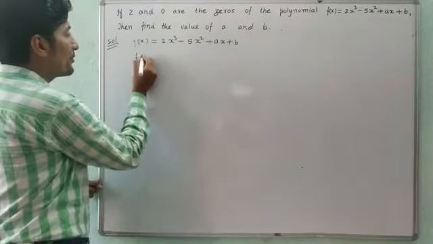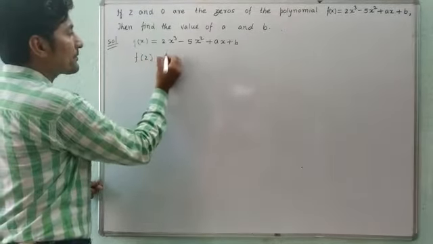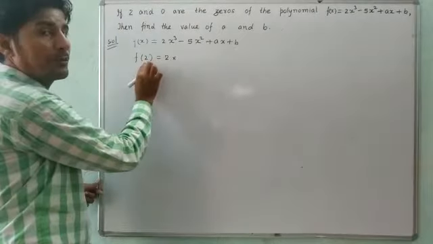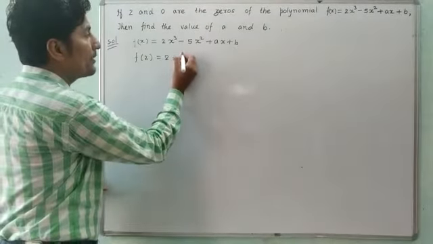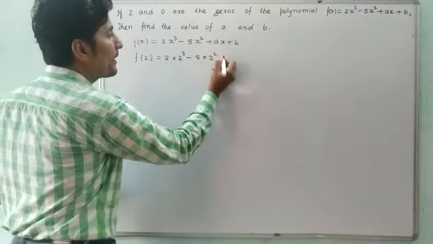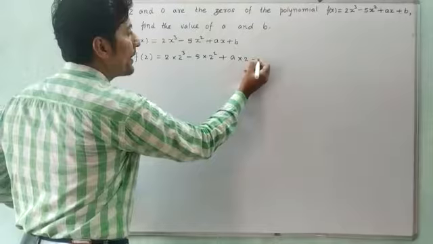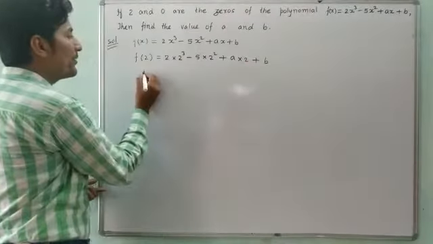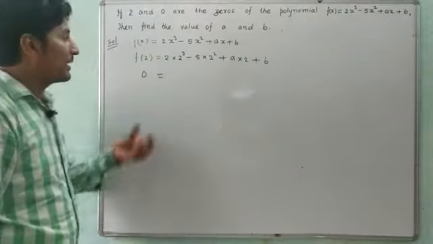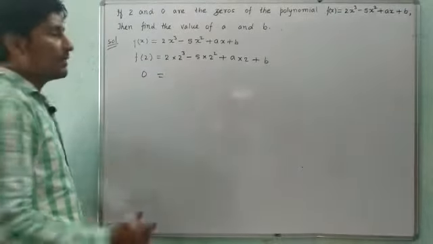So this time we are going to find f(2). 2 multiplied by, in the place of x, we are going to put 2. Here we can write 2³ − 5 × 2² + a × 2 + b. So this value will be equal to 0 because 2 is a zero of the polynomial. Hence this must be equal to 0.